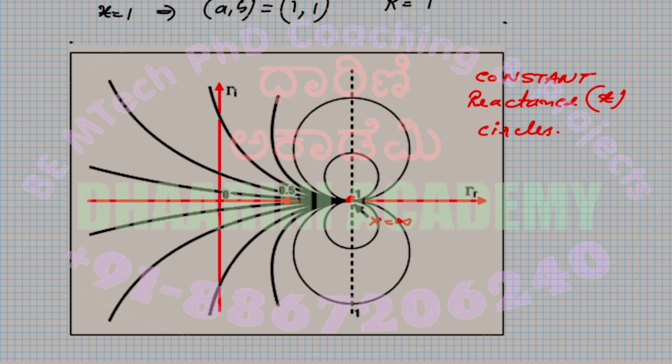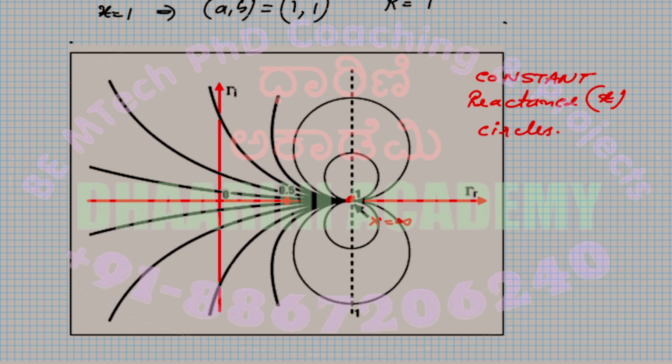And the plot which we are going to look after clubbing both the constant resistance and the constant reactance circles, we will be able to visualize something like this.